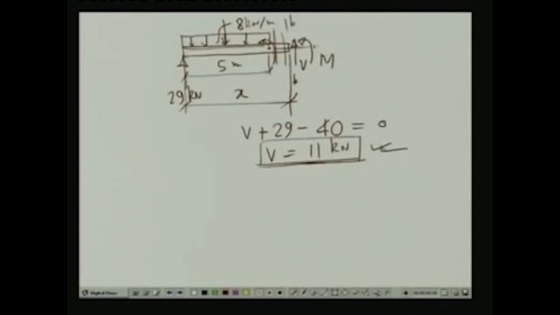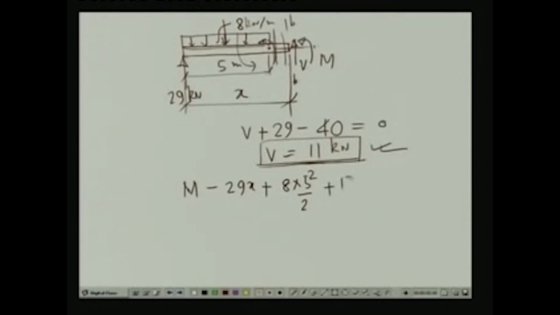Now, if you compute the value of the bending moment at this particular section, then taking moment of all the forces with respect to this particular section BB, we have M, which is in anticlockwise direction, then the contribution of the moment from RA is in the clockwise direction. So, M minus 29x, and this also in anticlockwise direction. So, plus 8 into 5 into 5 by 2. So, 5 square by 2, and we have a concentrated moment which is also anticlockwise direction.